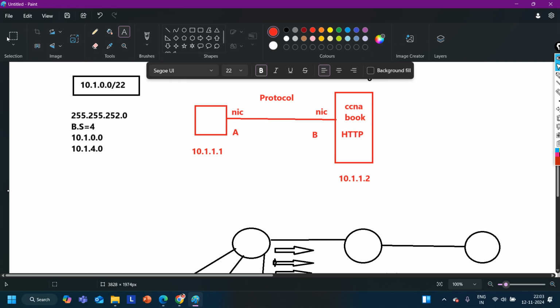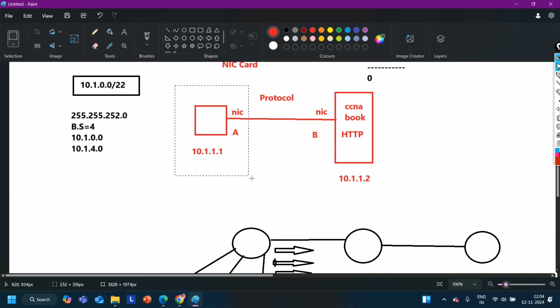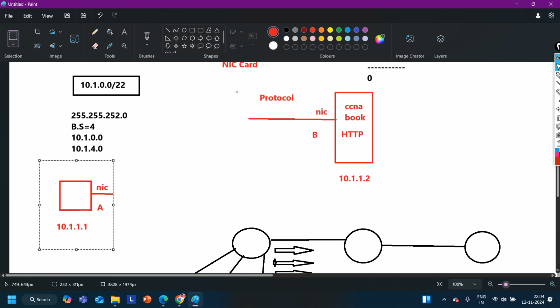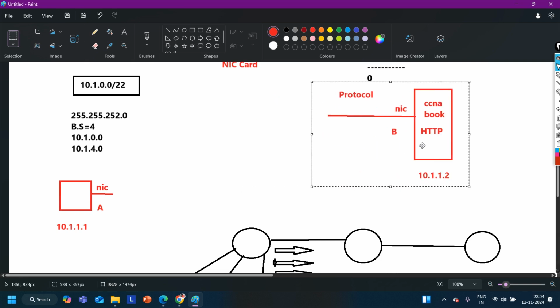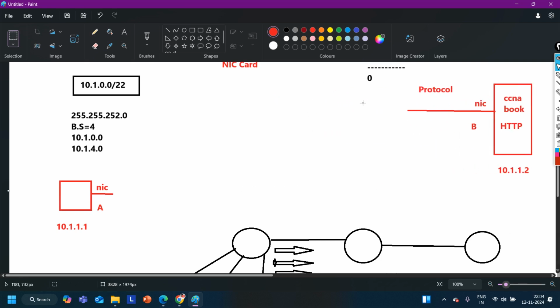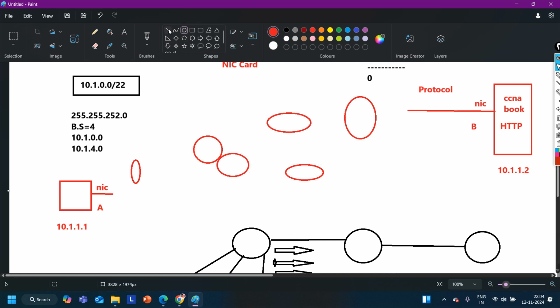We'll also learn how this PC is going to access this service. I will put this PC at one location and this server at a different location, and between source and destination I am going to put lots of networking devices, routers, switches, firewalls. Then we'll see how to configure these devices and how they work. Okay, so this is the flow.